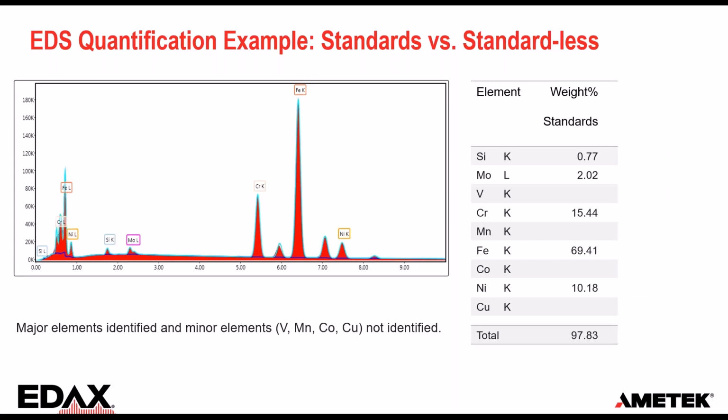Now let's look at what happens if not all elements are identified. We remove vanadium, manganese, cobalt, and copper from the list. For the measurement with standards, we can directly see that the sum does not equal 100%. This already hints at missing elements.